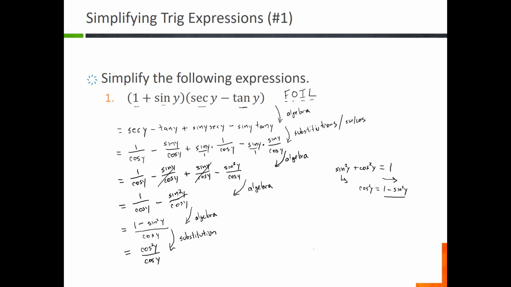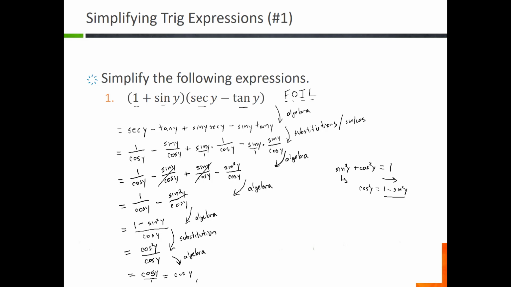We're almost done. If you have something squared divided by just itself, not squared, the squareds cancel out. And so when we're done, we're going to have cosine of y over 1, or if you just want to think of that as cosine of y. And so again, we're just doing a little bit of algebra.